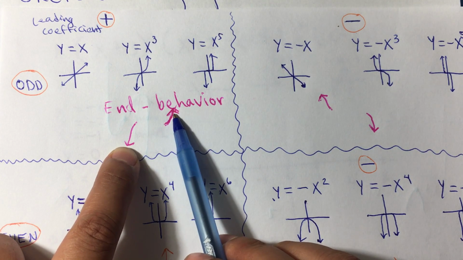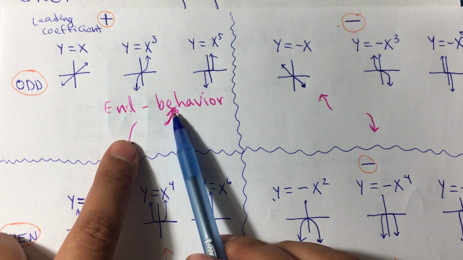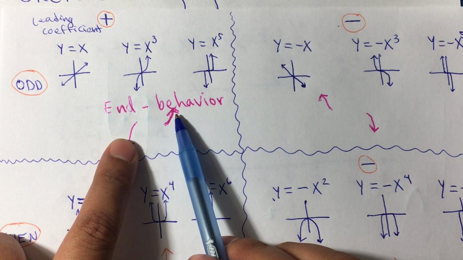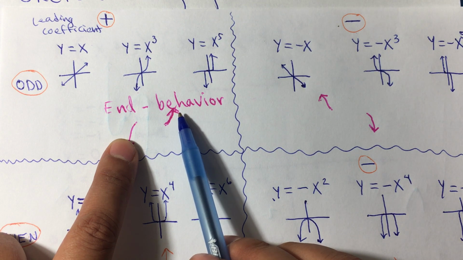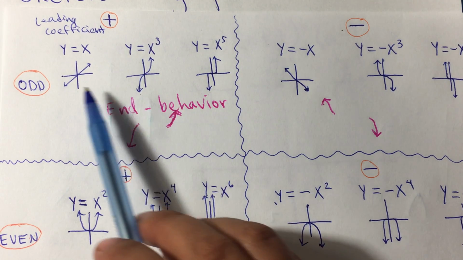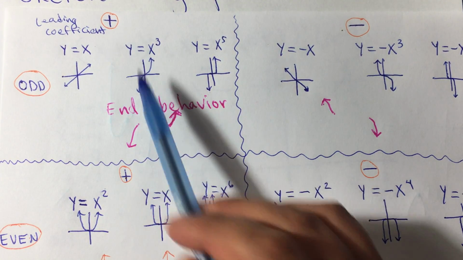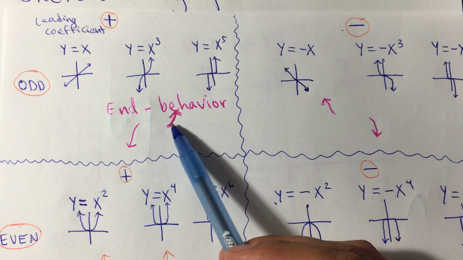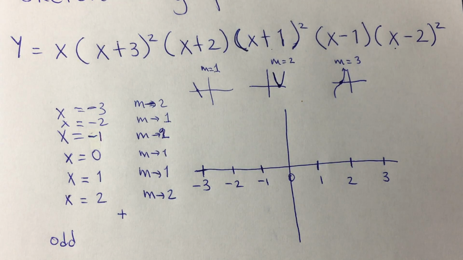We made the intro to end behavior in 7.1 and we continued in 7.2. At the end of this video, you will see the entire unit, and so it will be more clear. But if it's odd and positive, it goes down on the left, up on the right. And so that's very important to start with, okay?